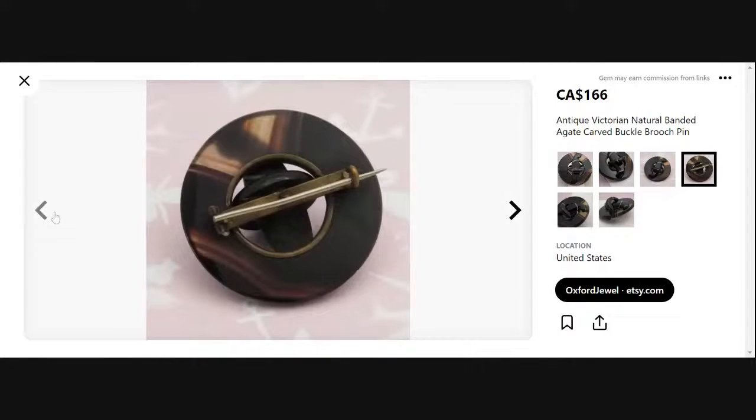I love looking at reflections in stones to see if I can notice anything that could be an imperfection to it. And so this one is at Oxford Jewel, and I'm going to stop sharing this one so that I can then reshare the deal one that we initially found. So allow me to share that one again.